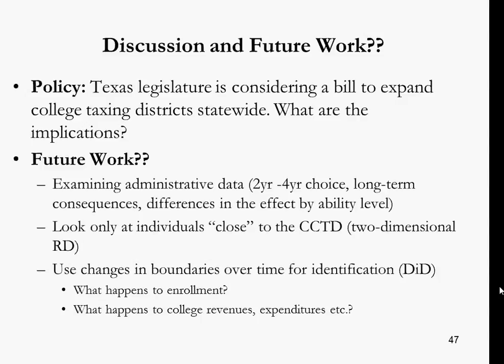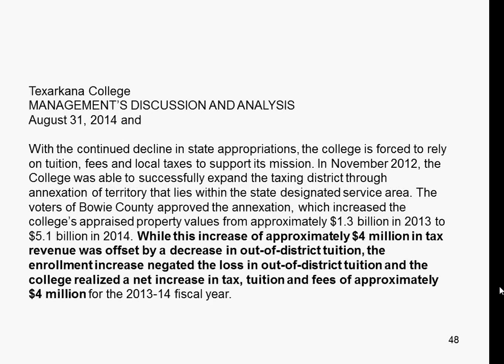Actually, this was Isaac who found this. There was an expansion in Bowie County in Texas of a taxing district, and what they found was that the amount of property eligible to be taxed went from 1.3 billion to 5.1 billion after the expansion. So they brought a lot more households into the taxing district.